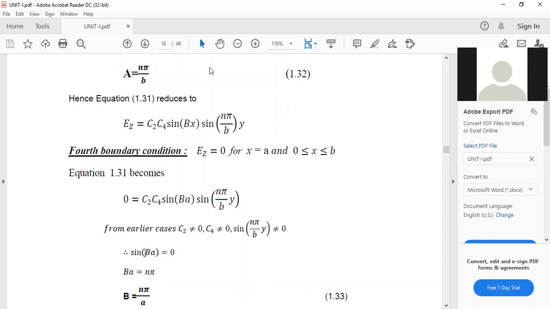So what general thing can you write here? Put m, don't write n here, since we are already using n in the previous case. That's why you use only m here. So m pi by a. Now B is equal to m pi by a, one constant.